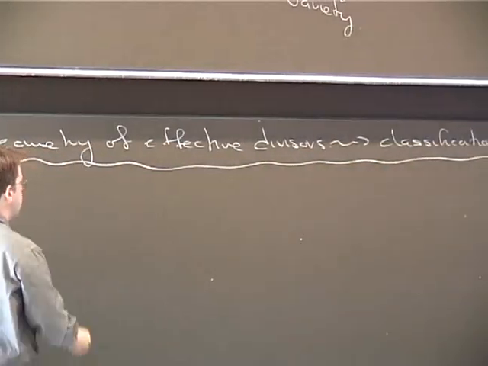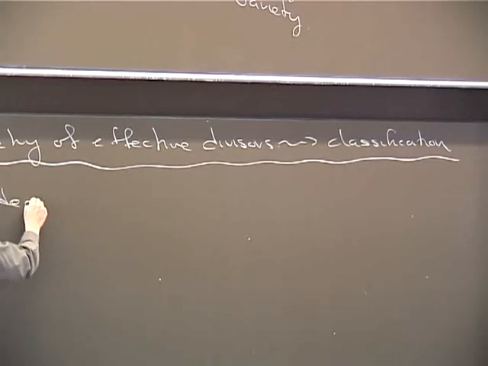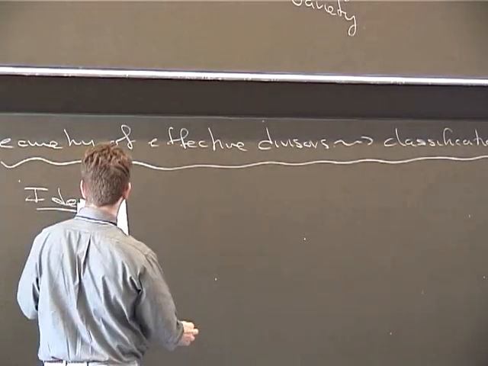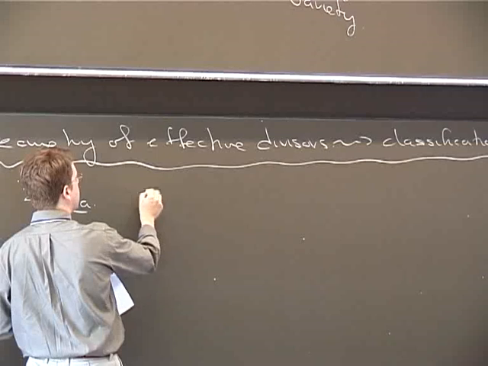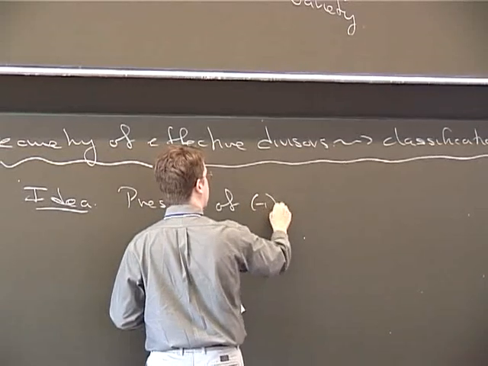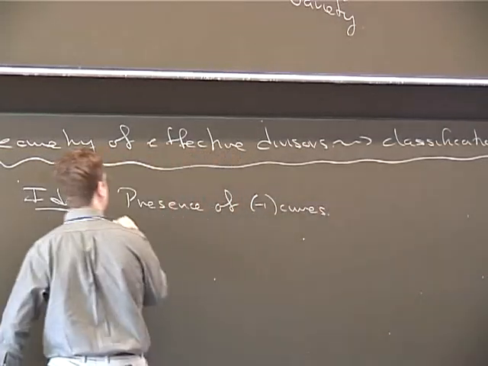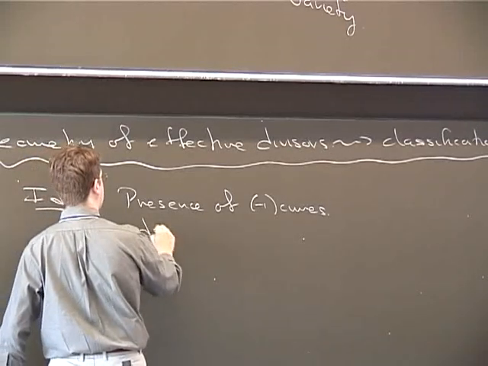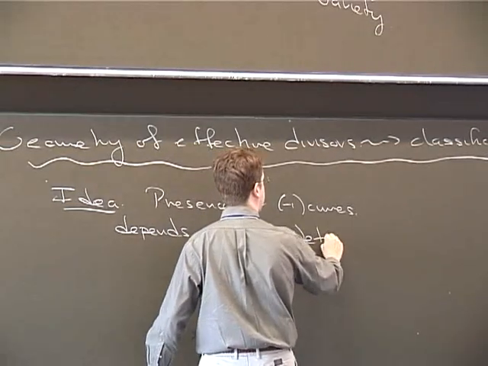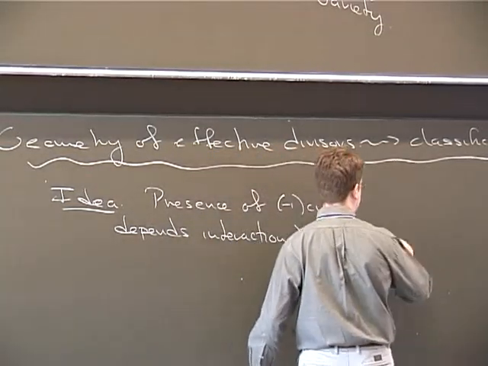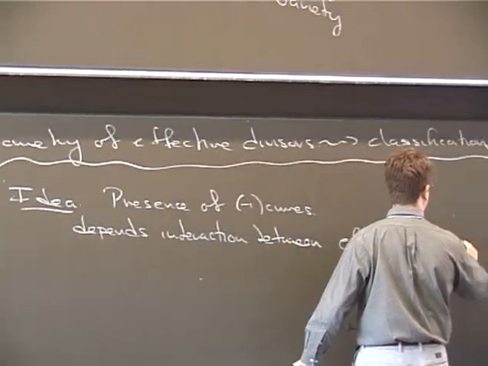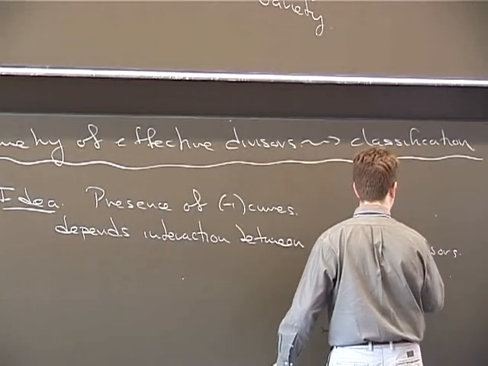So basically the idea here, which we've seen in special cases last time, is that the presence of -1 curves depends on the interaction between the effective divisors and the canonical class.